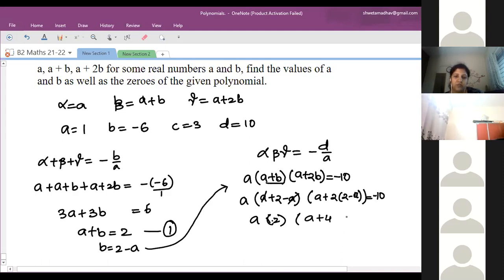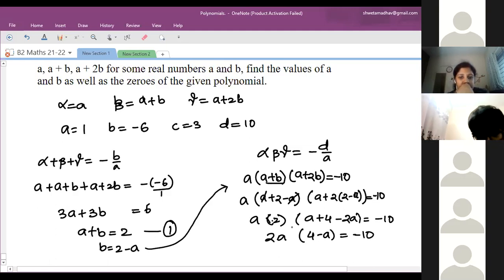a plus 4 minus 2a is equal to minus 10. Now this is 2a in bracket 4 minus a is equal to minus 10. Now you have to keep it in a single variable, and then we will get the polynomial.